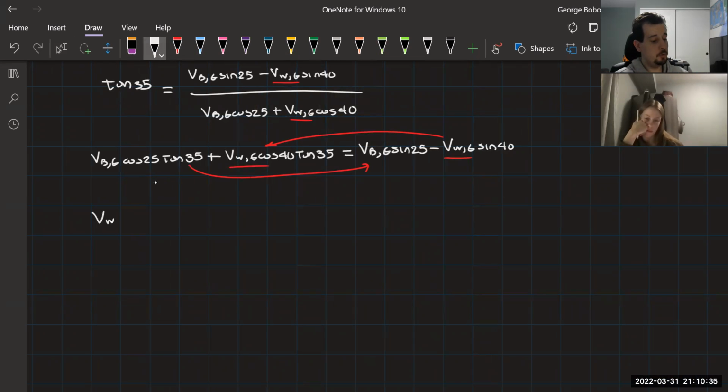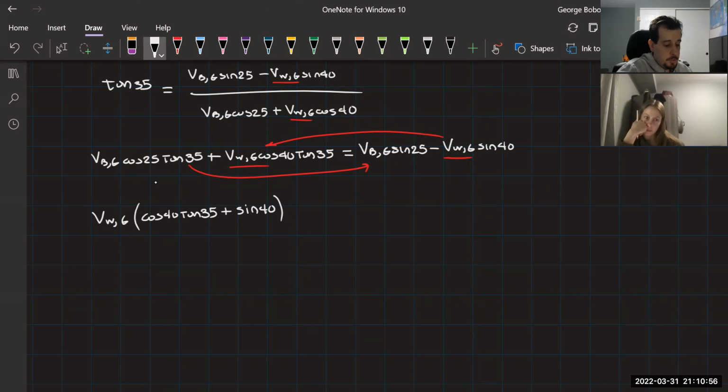Immediately factor VWG. So we have cos 40 times tan 35 plus sine of 40. I'm going to quickly evaluate this right now. I'm too tired of carrying this around.